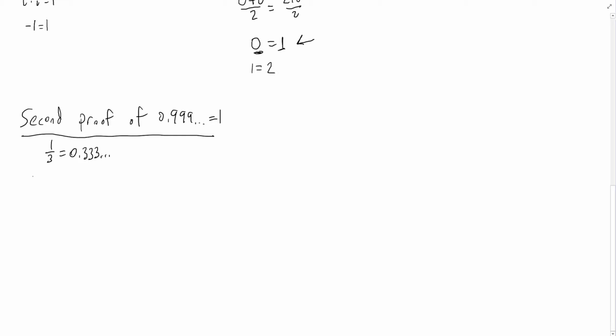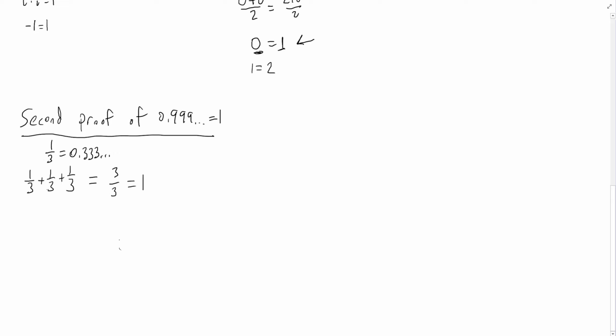What happens if I take 1/3 plus 1/3 plus 1/3? If I look at it as purely adding fractions together, well, 1/3 plus 1/3 plus 1/3, that's 3/3. But that's 1.